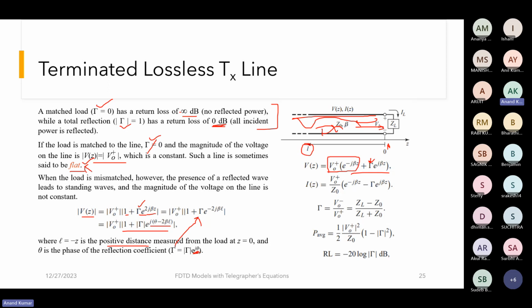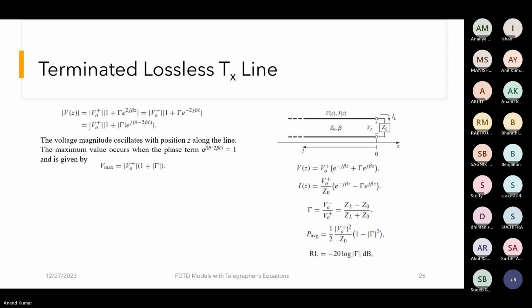Now we are substituting the reflection coefficient's magnitude and phase part over here, and then solving the terms in the argument. So this is what we get. If you notice, this particular thing says that there is variation in phase throughout the transmission line.